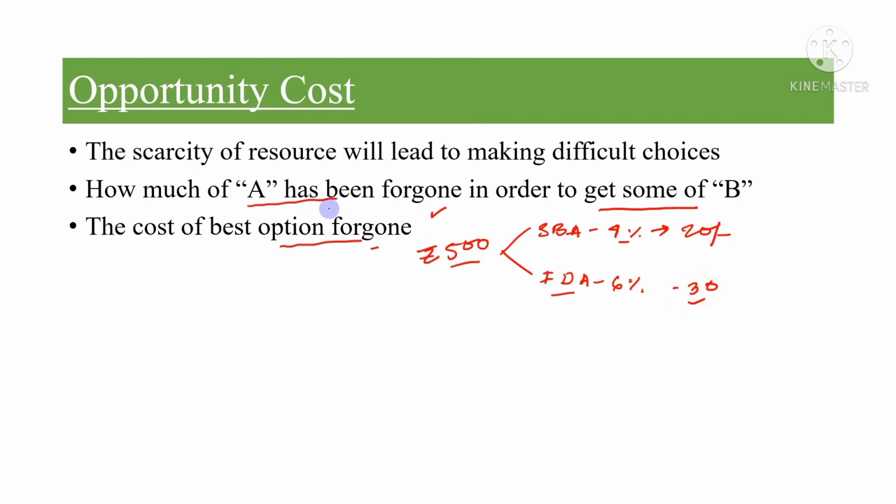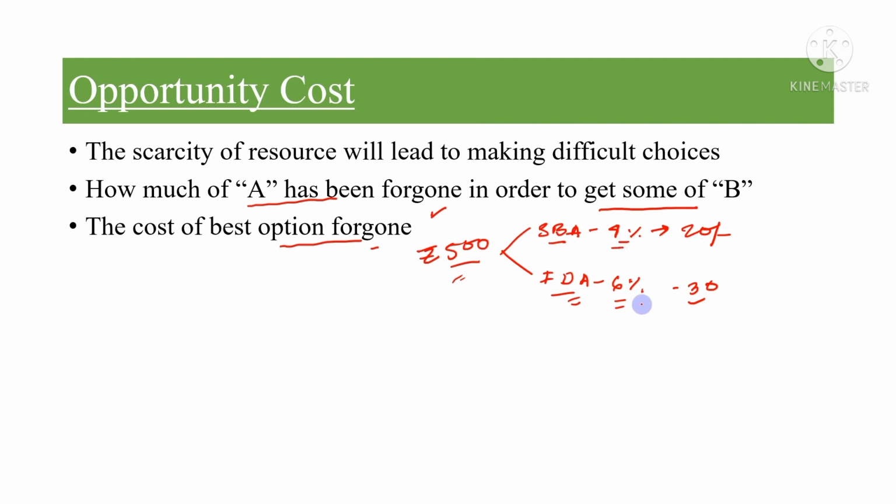So what we see is how much of A has been foregone in order to get some of B. That means how much of the best option you have foregone in order to get some of B. For example, if due to some circumstances I have chosen to save this amount in a saving bank account with 4% interest rate, whereas I had the option that I could have saved this amount in a fixed deposit account and gotten 6% return, but I chose to go with the 4% return.